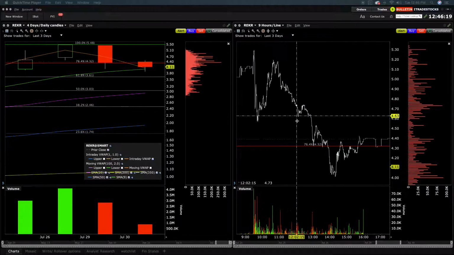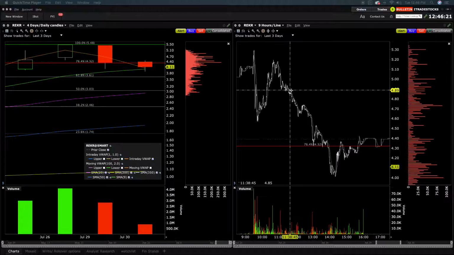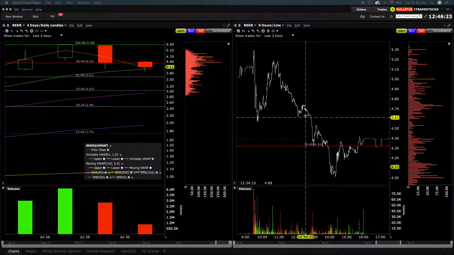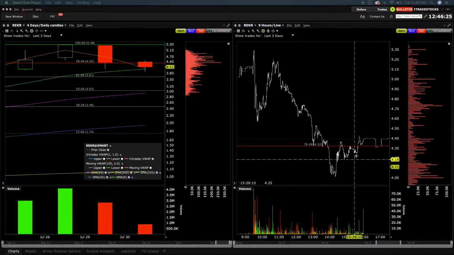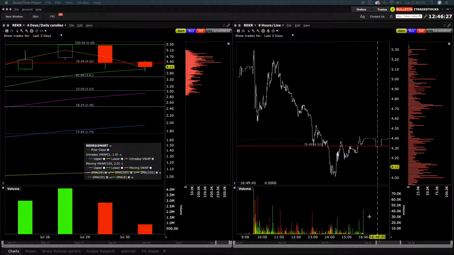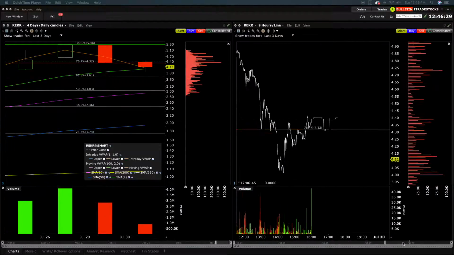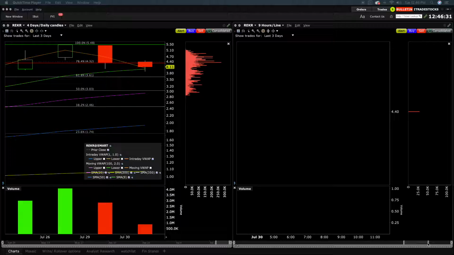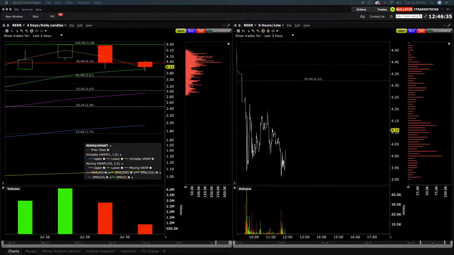There was no bounce. This guy was just getting short, getting short, getting short, and then he was probably covering, all of this.